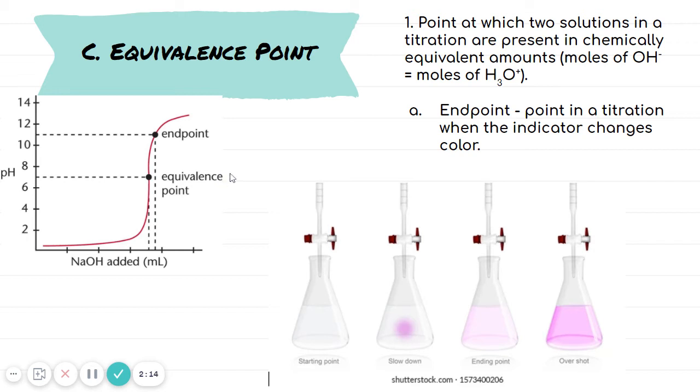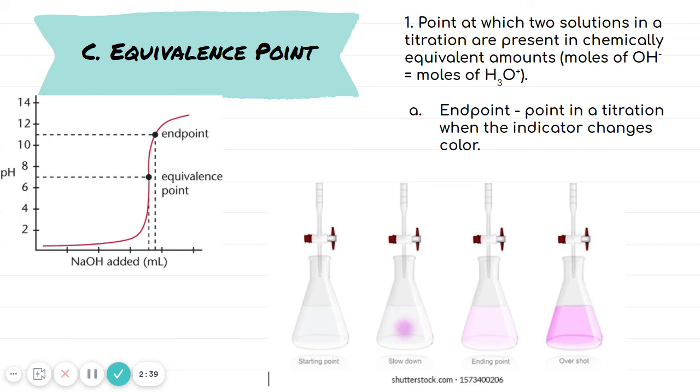There are a couple of vocab words here: equivalence point and end point. Equivalence point is the point at which the moles of the hydroxide ion and the moles of the hydronium, so the moles of the acid and the moles of the base, equal each other. That's going to be different depending on what the mole to mole ratio is, and weak and strong and all that stuff.